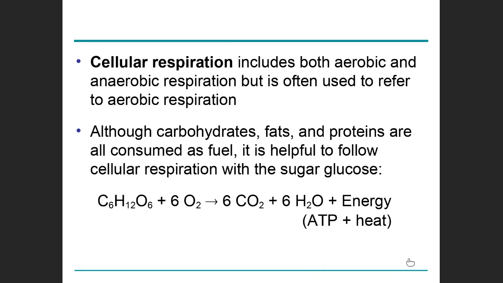Carbohydrates are the primary source of energy that's going to be used to make ATP, but fats and proteins can also be used to make ATP. The overall simplified equation of aerobic cell respiration is what you see here.